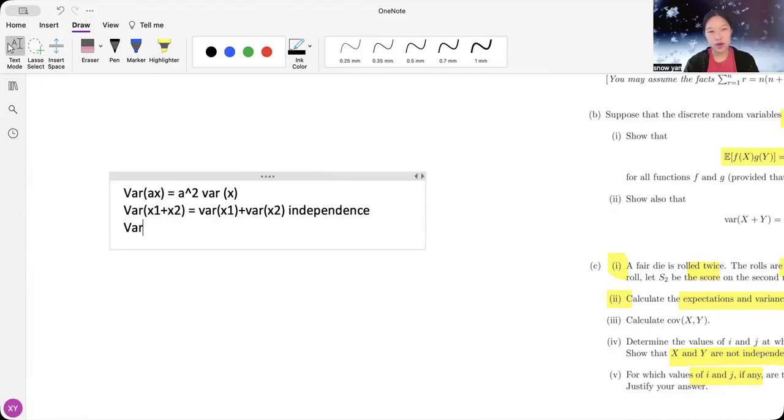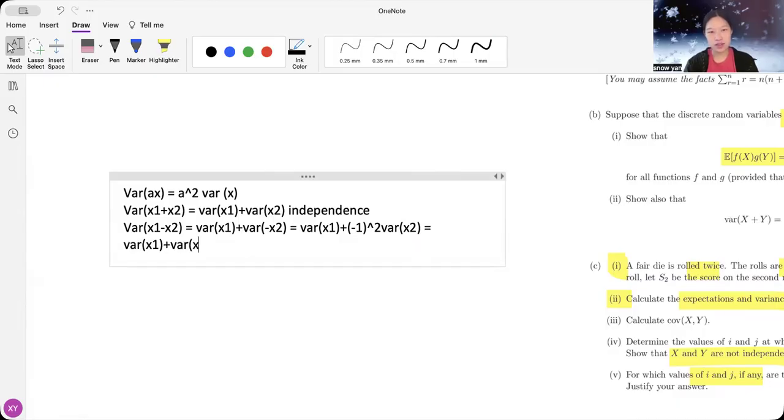So then a better way that I would have done it for x1 minus x2 would have been the variance of x1 plus the variance of negative x2, which would have been the variance of x1 plus negative 1 squared times the variance of x2, which would have been the variance of x1 plus the variance of x2. Yeah, I should have typed it out nicer with LaTeX, but you get the idea.